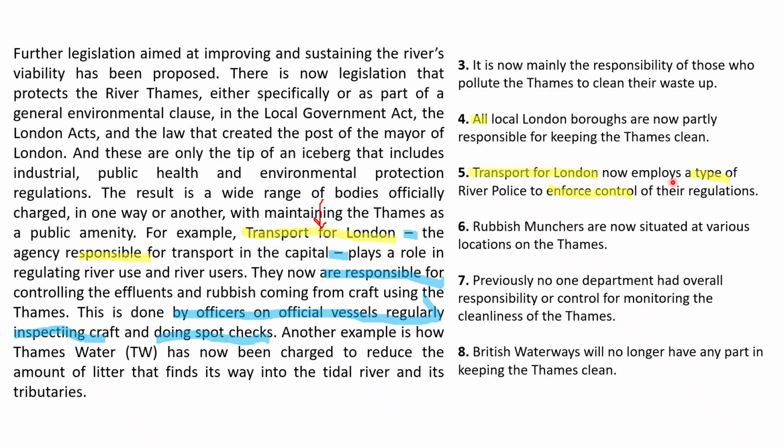So this information is true. This is how you get to the answers. Like I said earlier, since the answers are in chronological order, the next question's answer will be either in the upcoming three sentences or in the next paragraph. If you see the next question, it is about the rubbish munchers, a name situated at various locations.